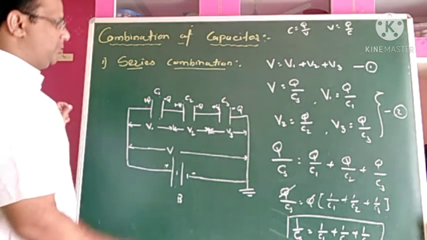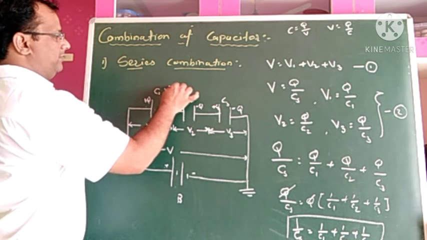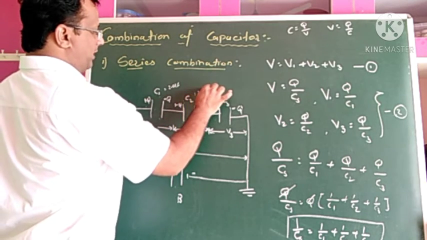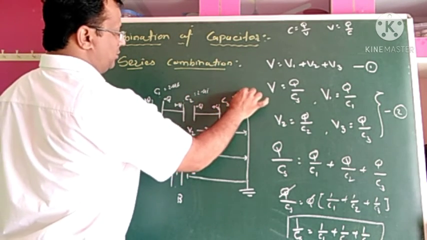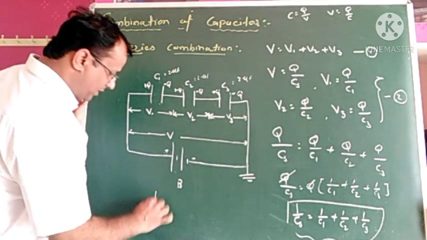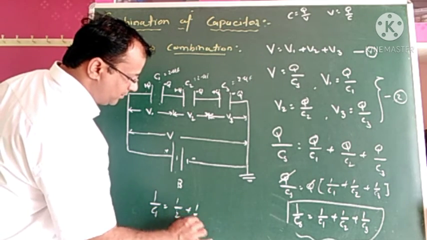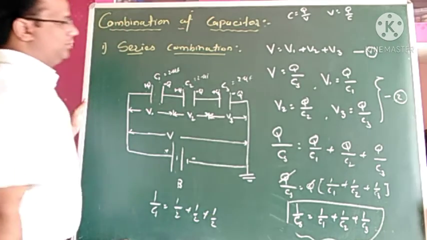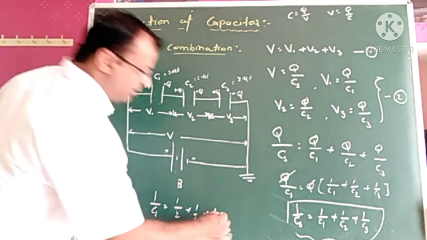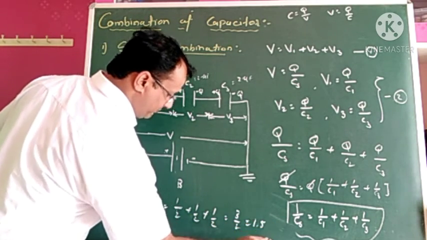For example, suppose the first capacitor is 2 microfarad, the second is also 2 microfarad, and the third is also 2 microfarad. Then 1 upon Cs equals 1 upon 2 plus 1 upon 2 plus 1 upon 2. This half we get 3 times, so 3 by 2, that is 1.5.